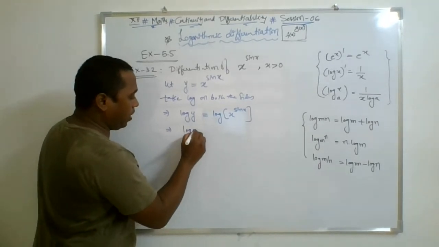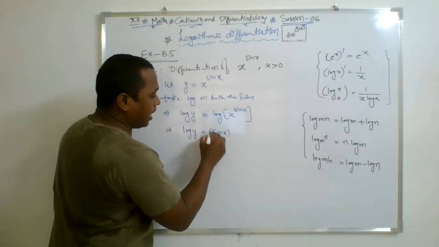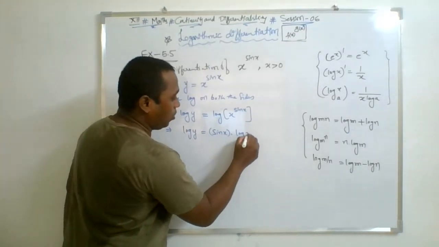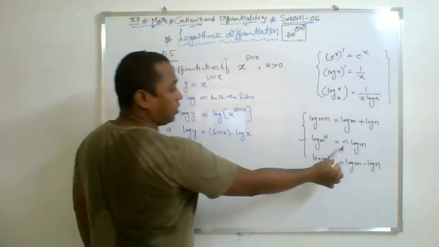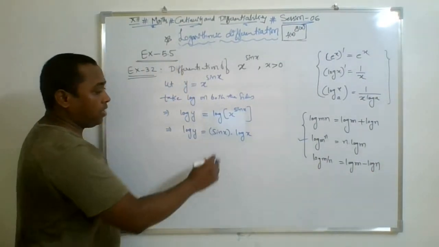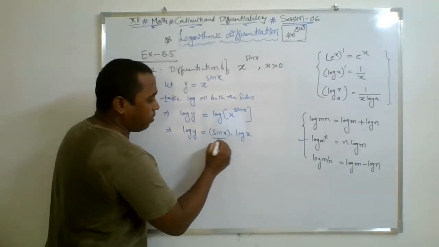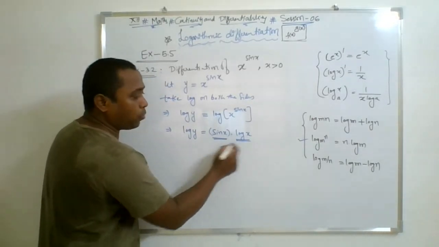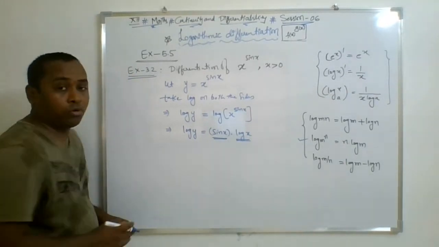So log y is equal to sine x into log x, by using this property: log m to the power of n is equal to n into log m. Now the question becomes so simple, in the form of u into v, that is product rule. So we can apply product rule to do the derivative.